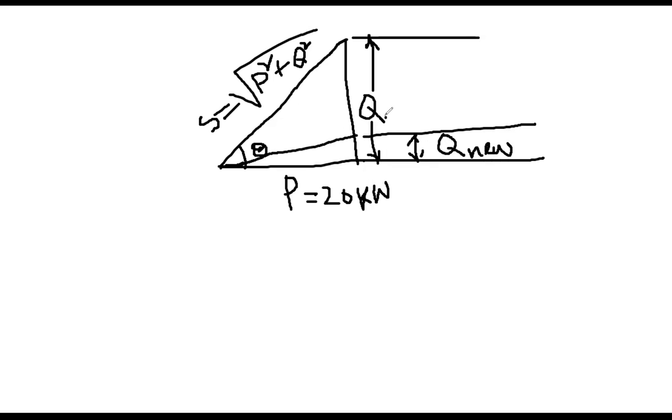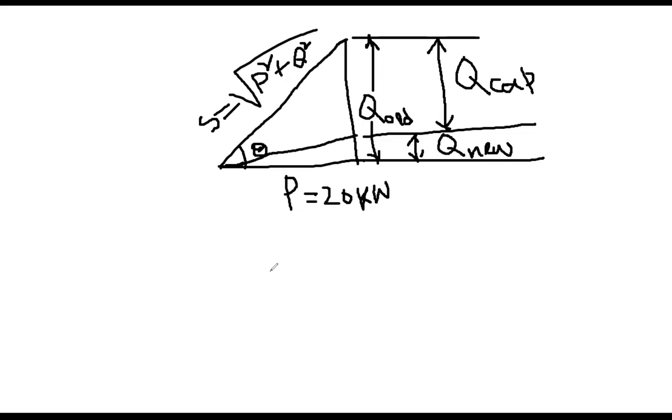And this was your Q old. Old means the previous value. So definitely you see this portion from here to here is being compensated by the capacitor. That portion is Q cap, Q capacitor.